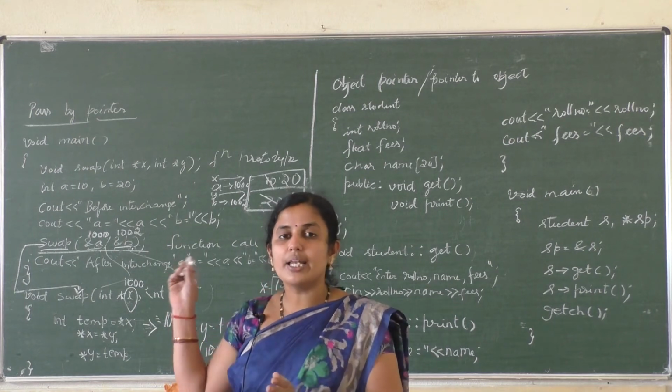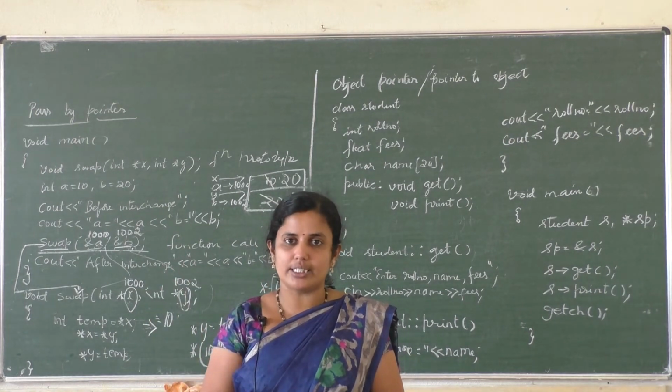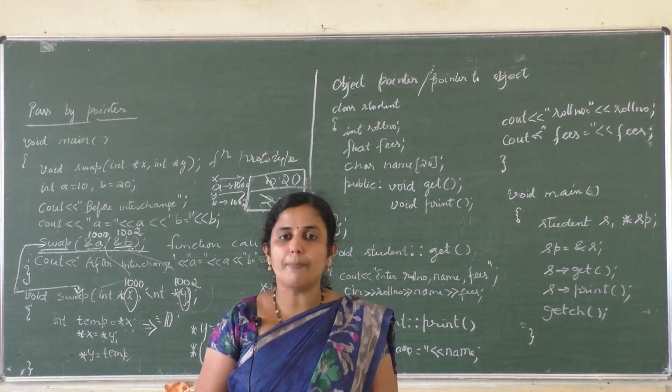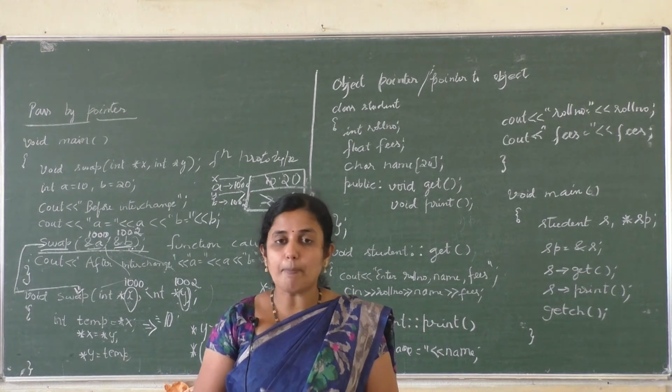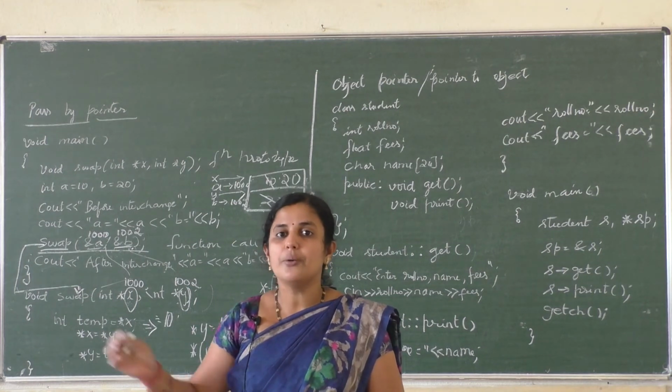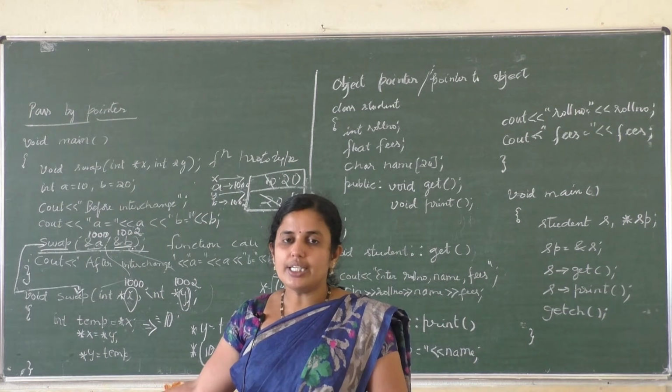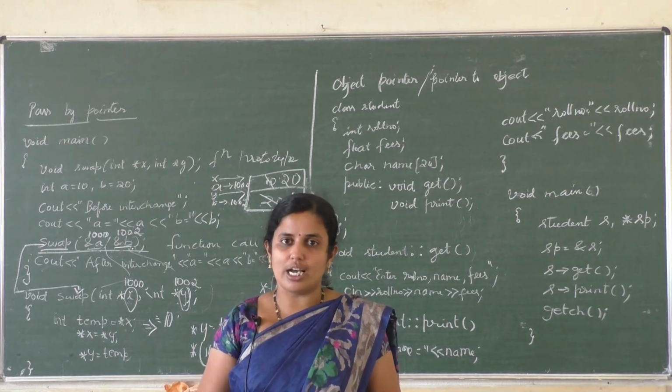Okay. So in the pass by pointer method, the formal arguments copy the values of the actual argument or original values. Suppose I make changes to the formal argument, it will reflect in the actual argument.